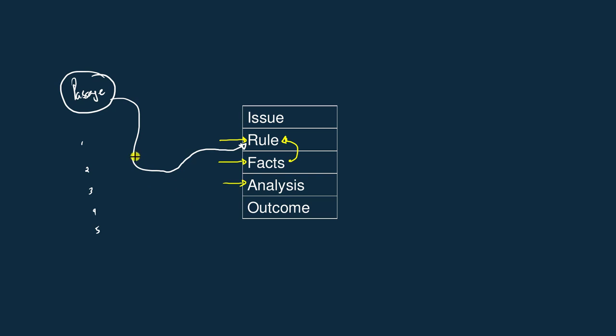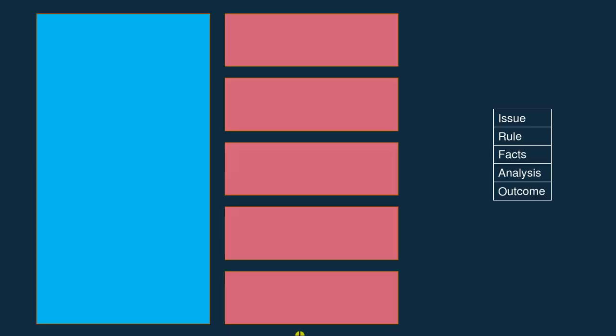Facts are usually found in the question, but is it also possible to find the facts in the passage itself? Or how are these rules even presented to us? These create different types of legal reasoning passages. But by and large, the structure of the questions is the same. You get a passage followed by those 5 questions.